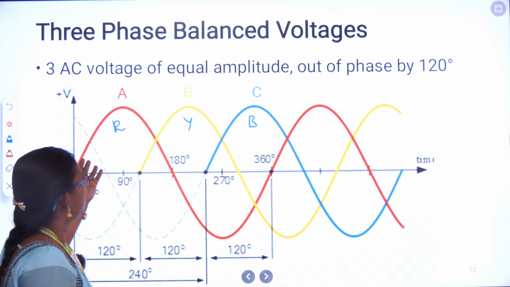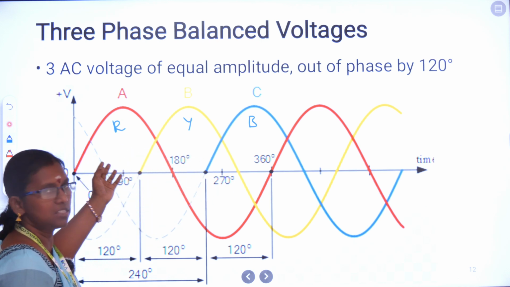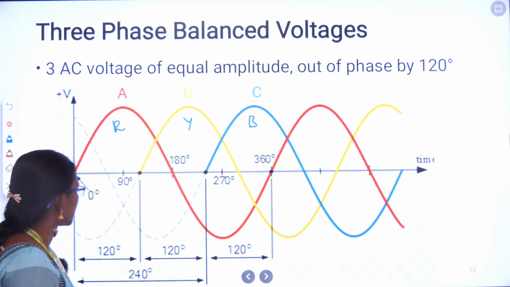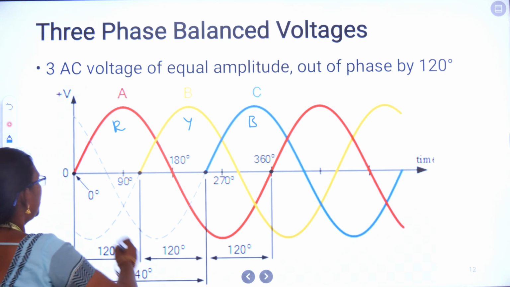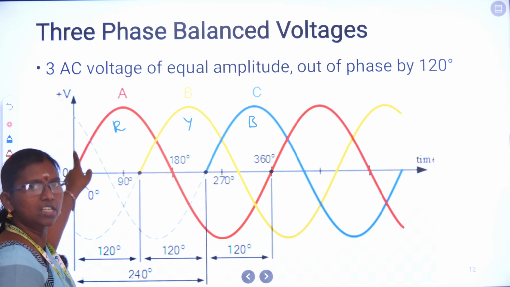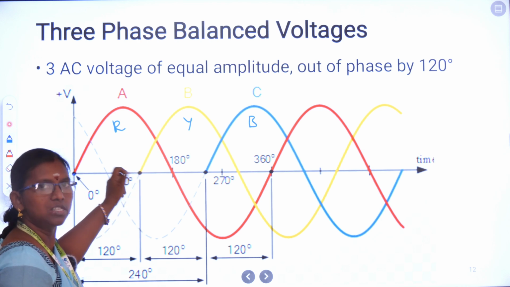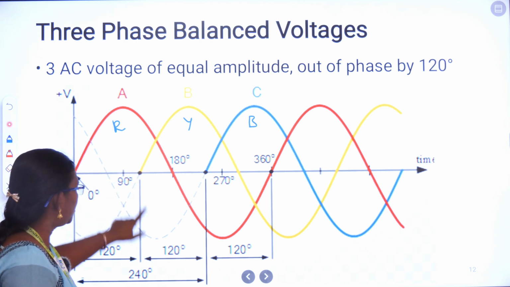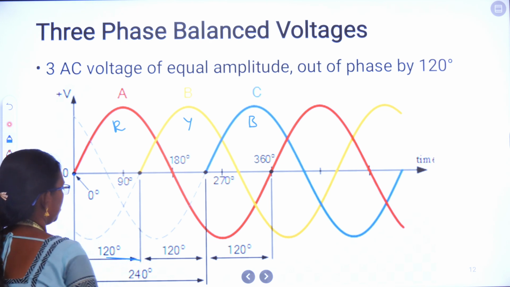For representation we can name them anything, A, B, C. Here it is represented as A, B, C. See, the R phase is starting at 0 degrees. So the phase is 0 in the case of the R wave, and you can see the lag here.